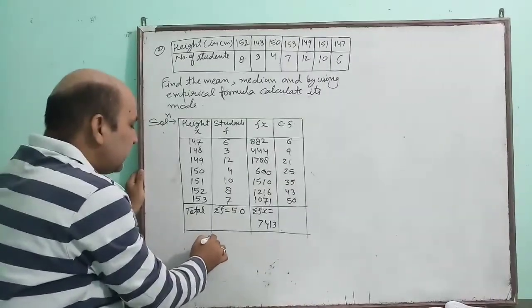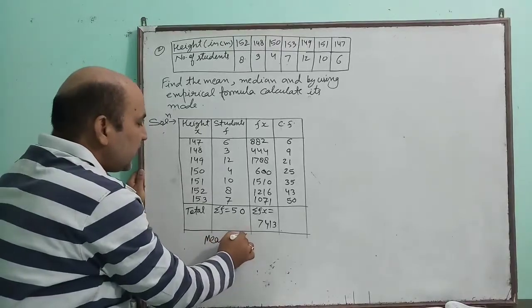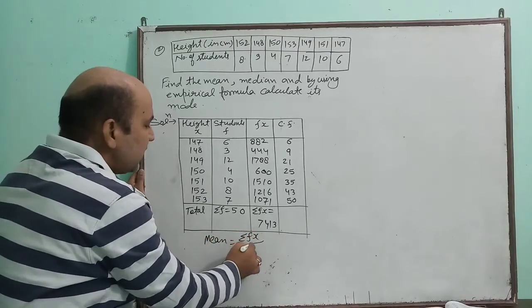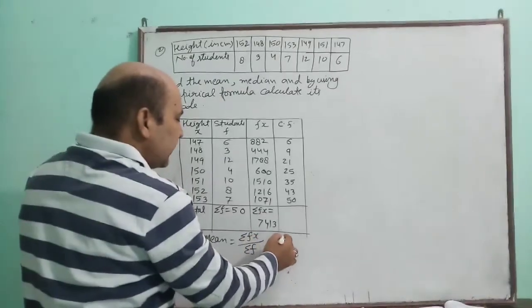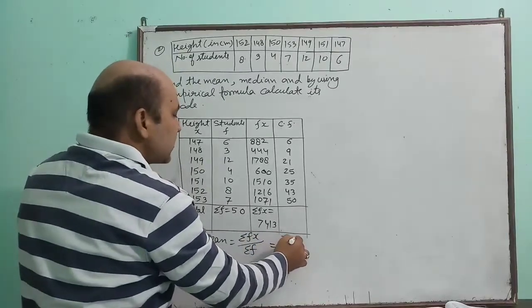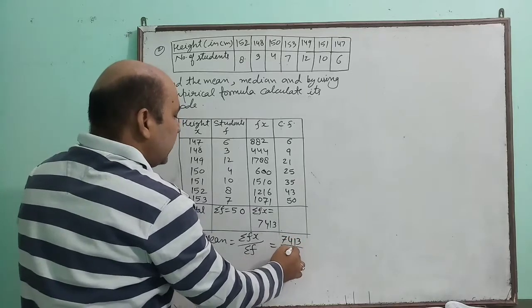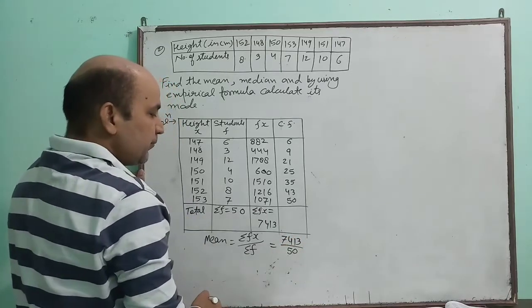Now we will find the mean. What is the formula for the mean? Sigma fx upon sigma f. Now put in the values and calculate. Sigma fx is 7413 upon 50.